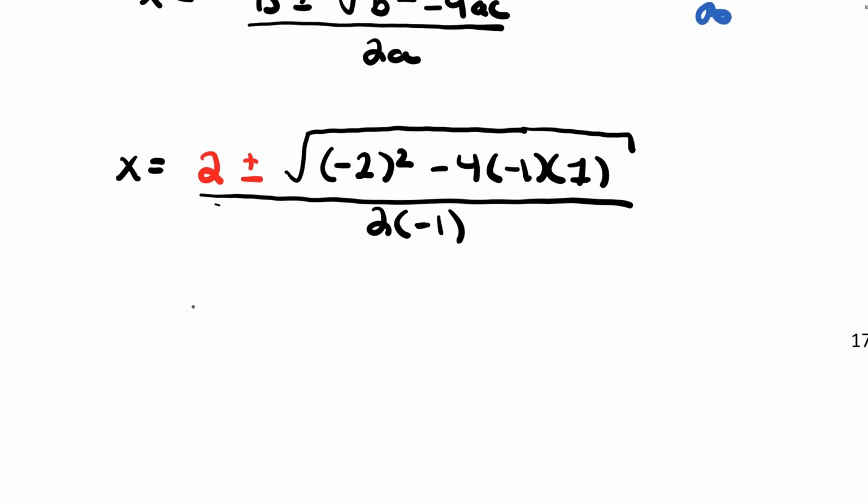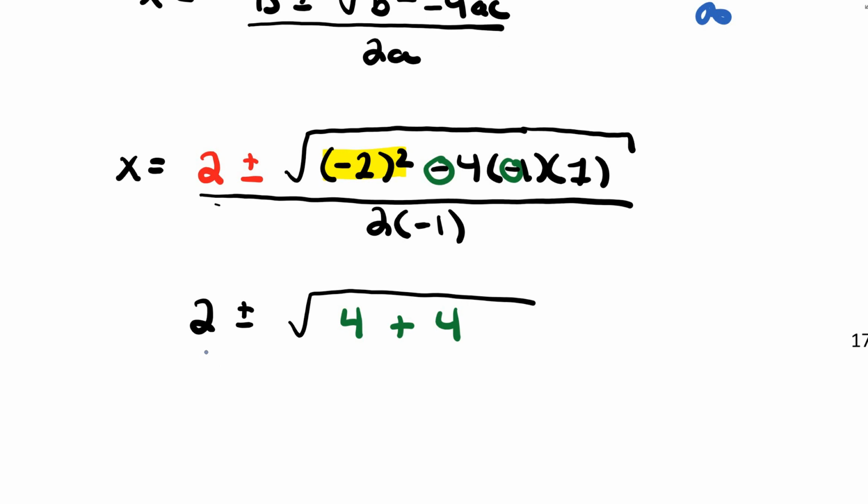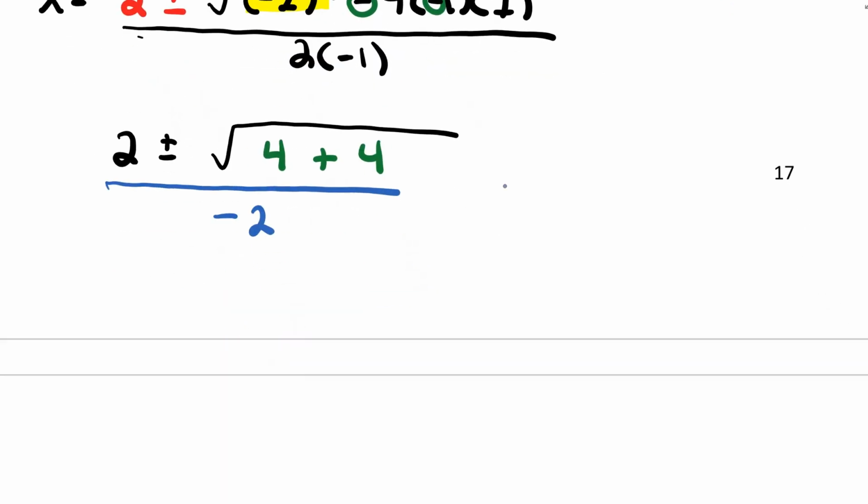Okay, and if we go ahead and simplify this, it'll be 2 plus or minus the square root of -2 squared, which is 4. And then I have a minus sign and a minus sign, so that's going to be plus. 4 plus 4 is going to be 8, all divided by -2. And we can finish this off by just writing this as 2 plus or minus the square root of 8, divided by -2.